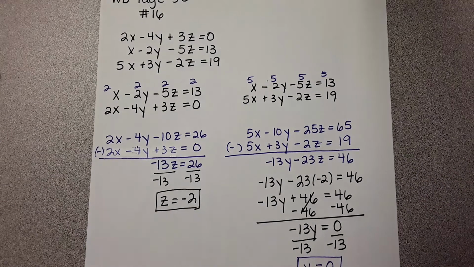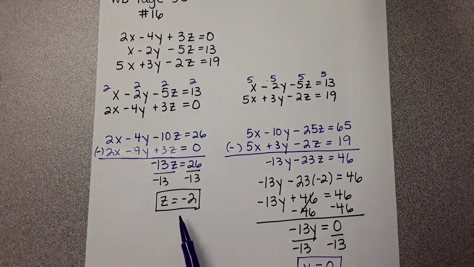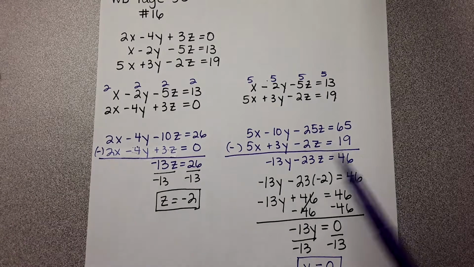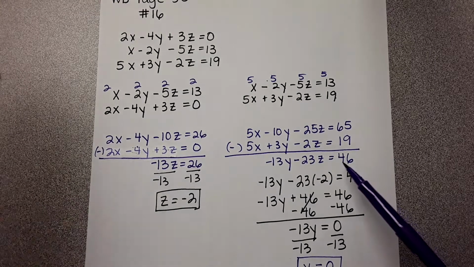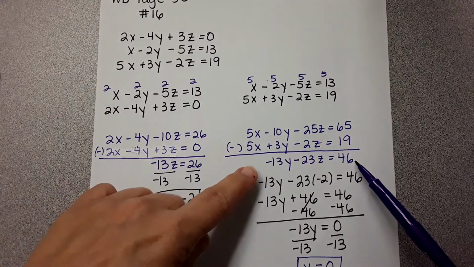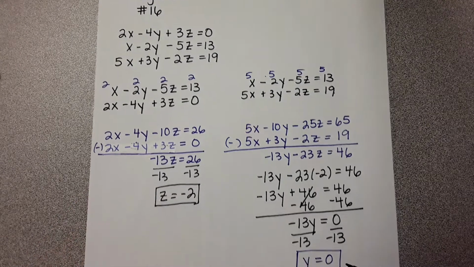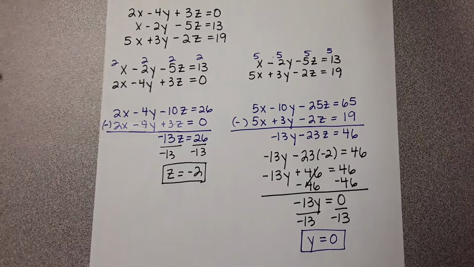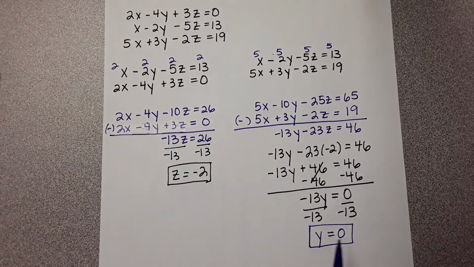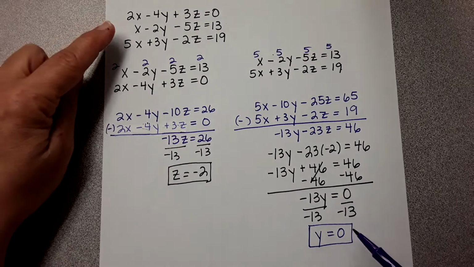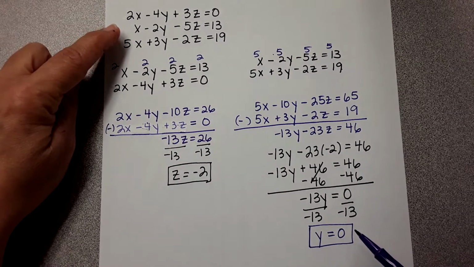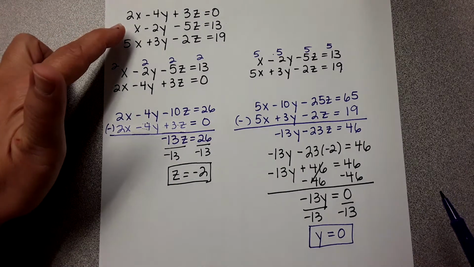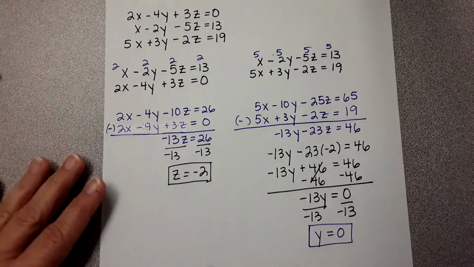Since I already have z solved, I plugged it back into this equation right here, and I solved for y. Now that I have z and y, I'm going to plug them back into the anchor equation because x is 1.